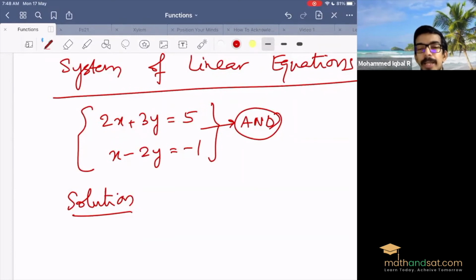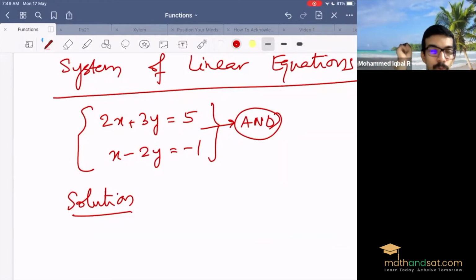So what do you think will be the geometrical interpretation of the solution? What do you think will be the geometrical meaning of a system of linear equations?